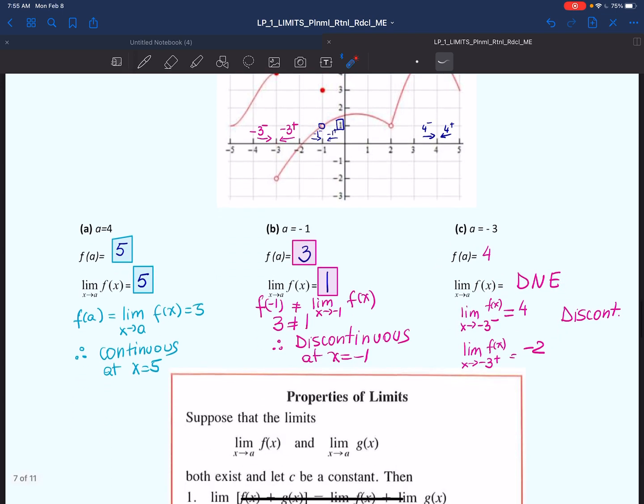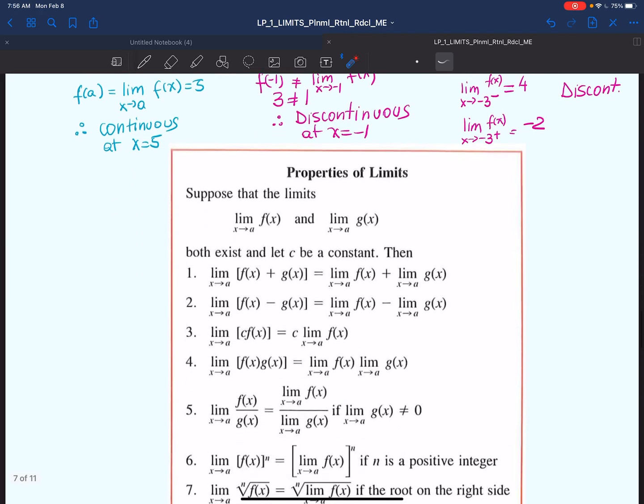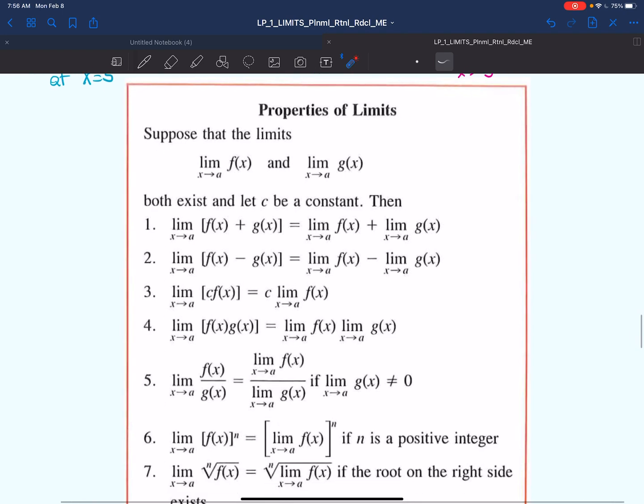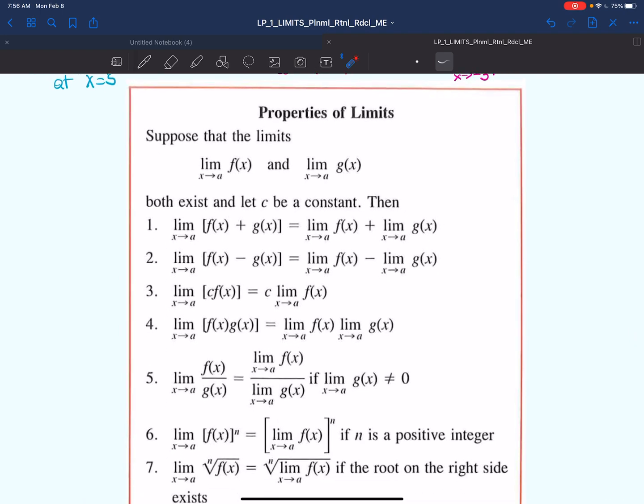All right? So here I listed some of the properties of limits, the main properties of limits actually. They're fairly easy to understand, kind of make sense, they're common sense. So as x approaches a of f of x, and x approaches a of g of x, suppose that these are the limits of two different functions at a.